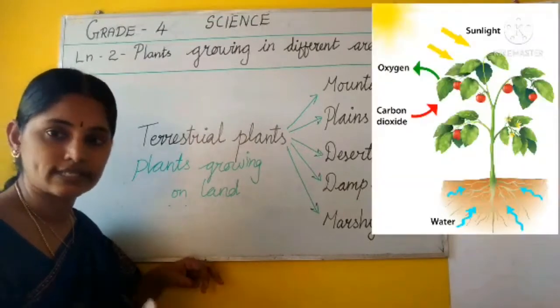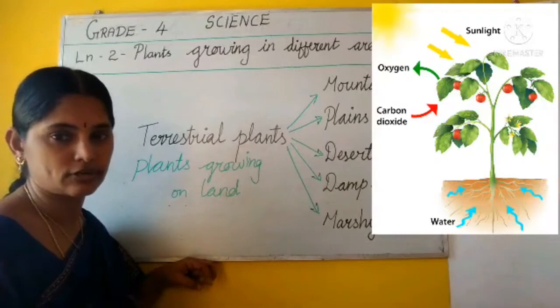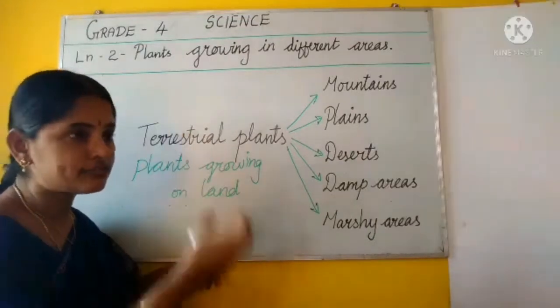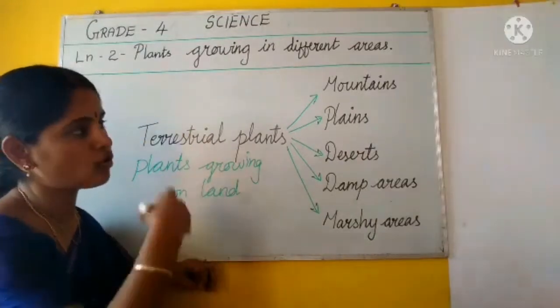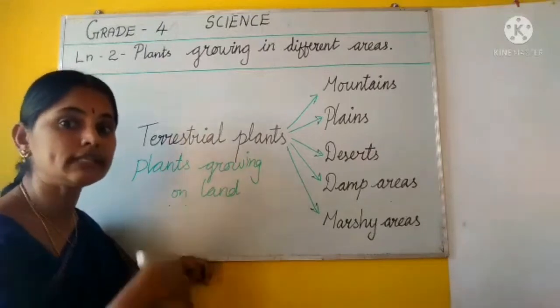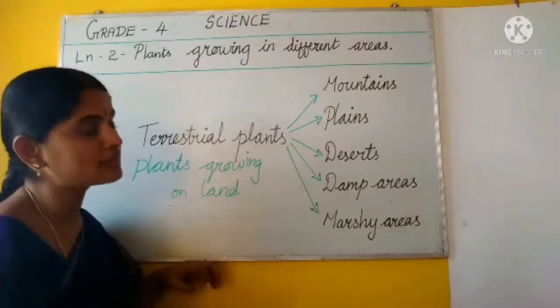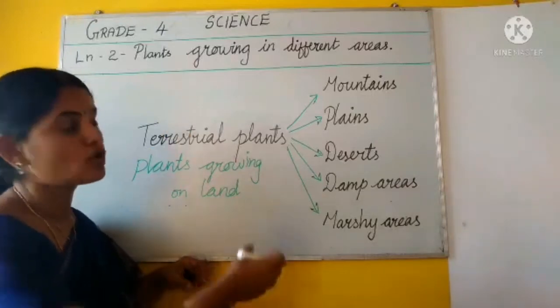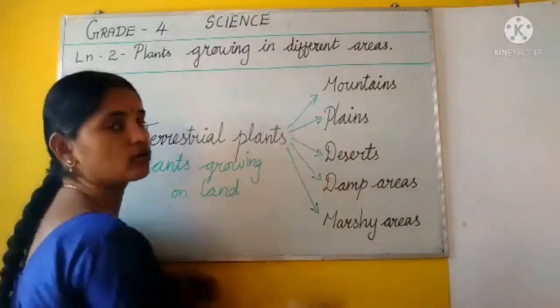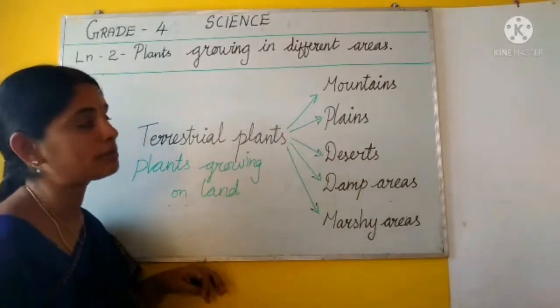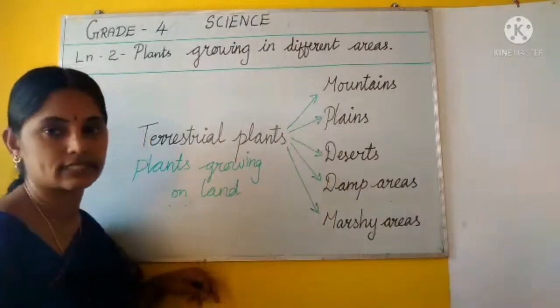Air, water, sunlight and nutrients are needed. If more rainfall and more snowfall are there, how can they cope with those situations? How do the plants grow well in mountains? That condition we are going to see.